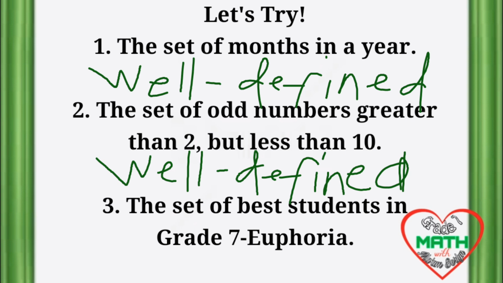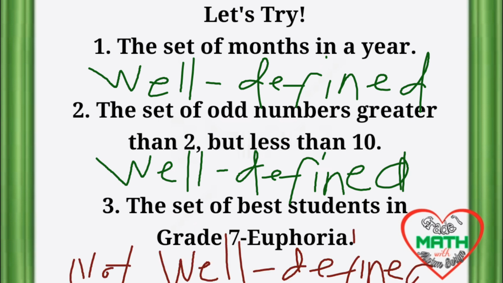The set of odd numbers less than 10 is also well defined because we can easily identify the odd numbers greater than 2 but less than 10. These are 3, 5, 7, and 9. The set of best students in grade 7 Euphoria is not well defined, since the word best can be interpreted differently by different people.